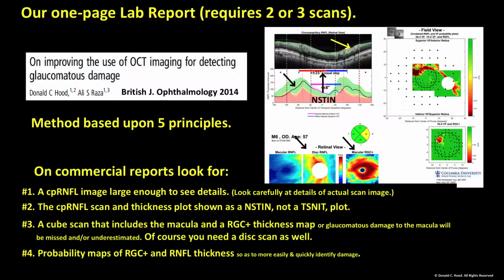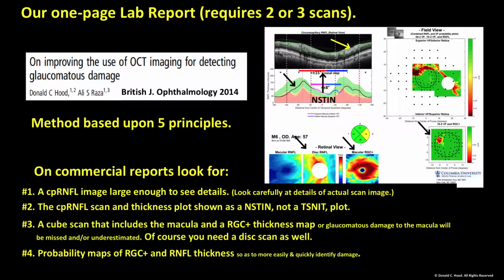Number 4, ideally there should be probability maps for both the retinal ganglion cell and the retinal nerve fiber layer thickness, because you'll find that it's easier to identify damage typically with probability plots as opposed to thickness plots.